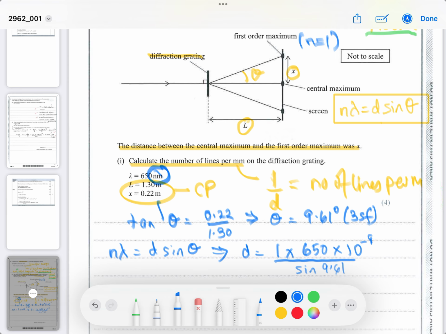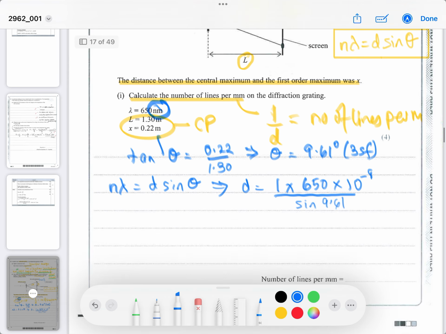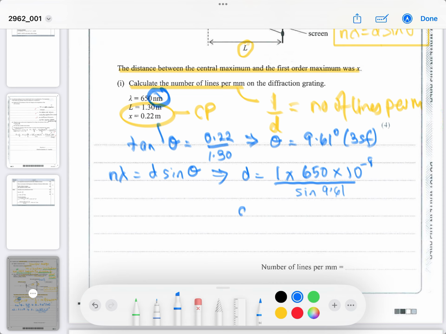When you do that, you get an answer where d is equal to 3.89 times 10 to the minus 6 meters.